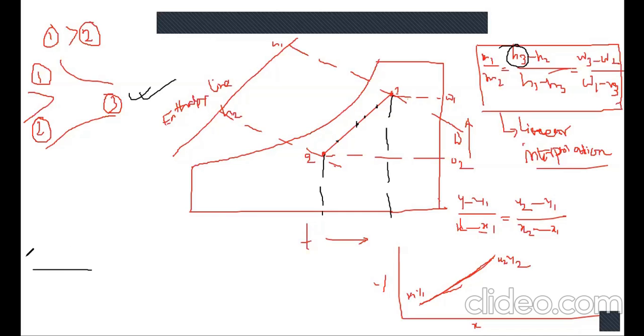Suppose this is the outside air, state 1, this is the room, this is state 2, this is our AC.